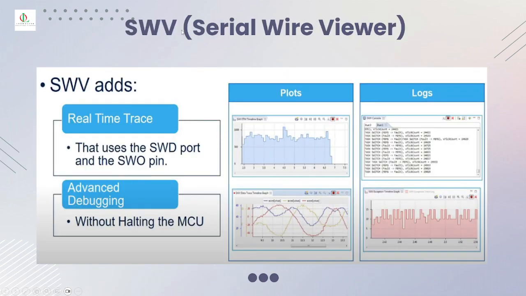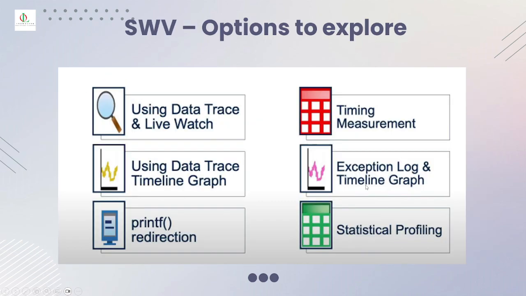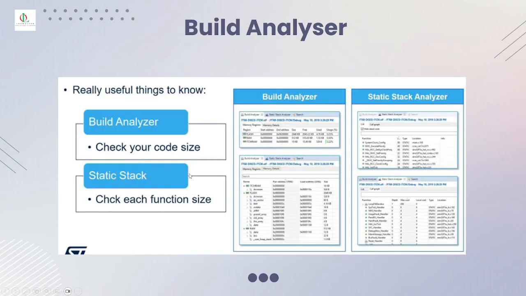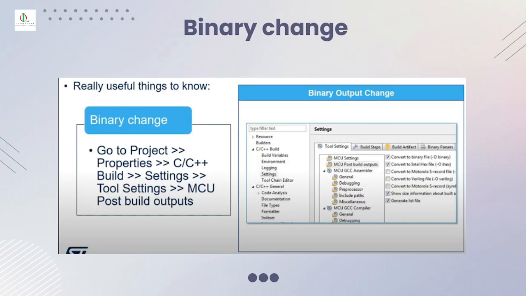And you clicked on SWV to check the output console window through your ports, and a few of the different things where your SWV gives you options, and the build analyzer will show you so far what you built in the RAM, memory, and in the flash, which, when we did the console window, there is another build analyzer that shows your memory locations, your memory regions, etc.